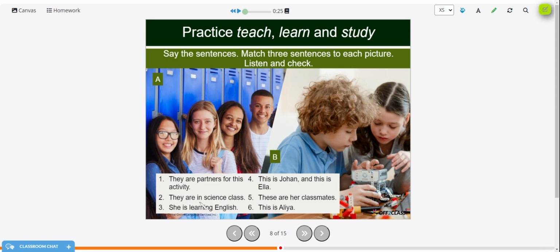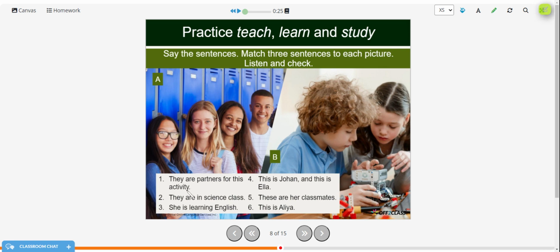They are in science class. She is learning English. This is Johann, and this is Ella. These are her classmates. This is Aaliyah.